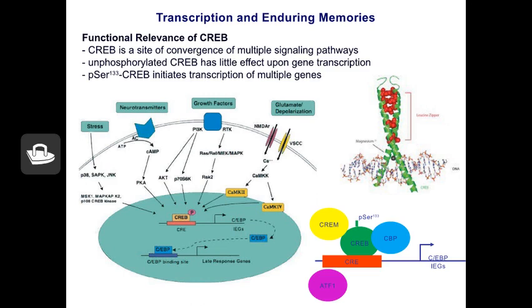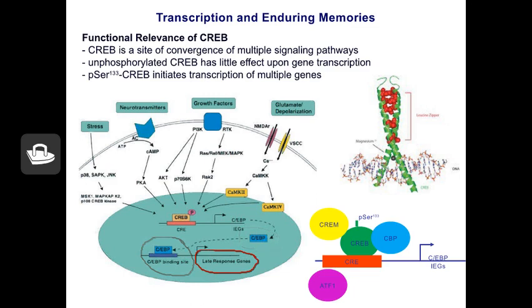These genes encode nuclear proteins that then bind to additional response elements and turn on or turn off expression of additional downstream or late response genes.